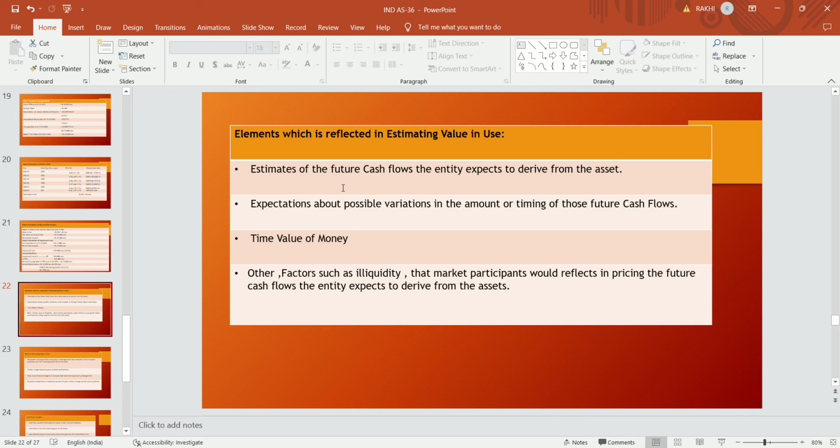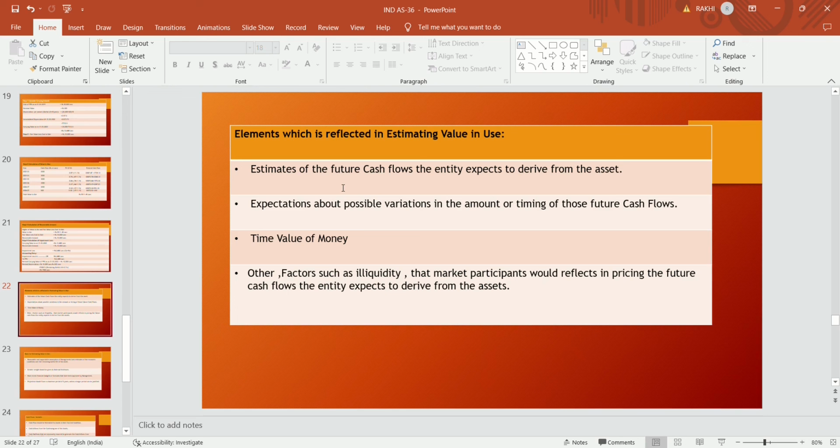Then after 3 years the company will derive less cash flow, as the performance of the asset goes down. So the company will estimate according to the variation in the amount of the cash flow and according to the variation in the timing of that cash flow.